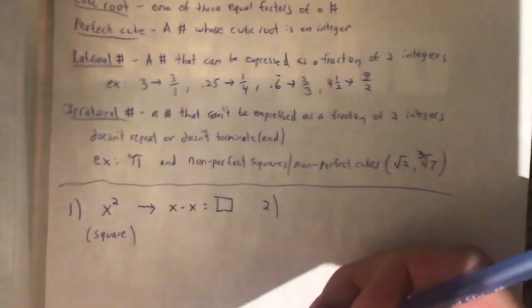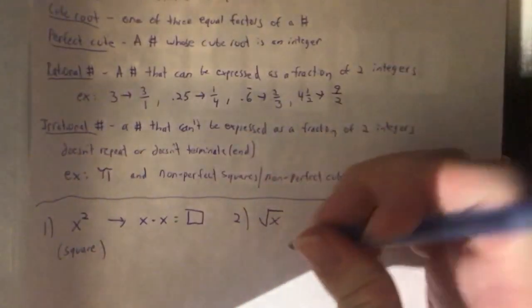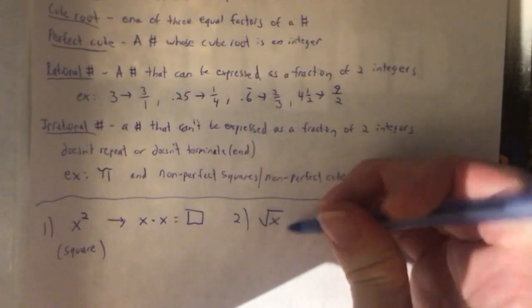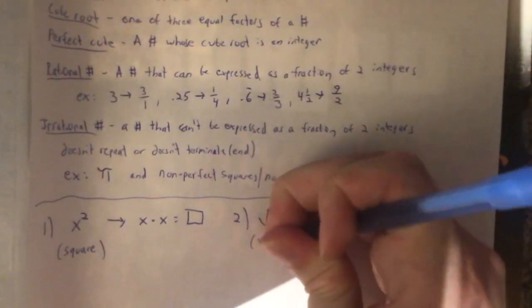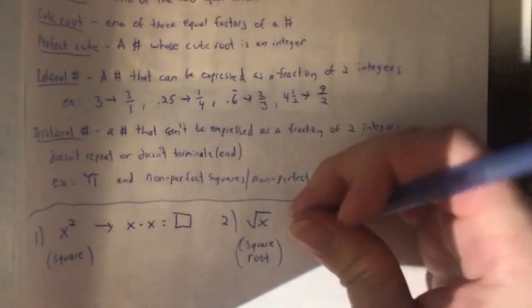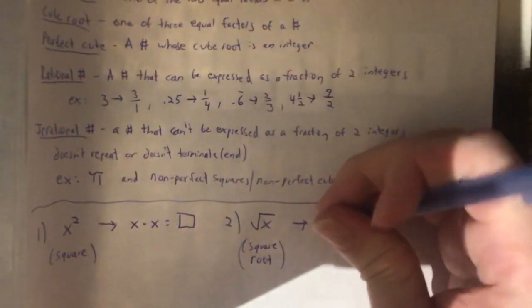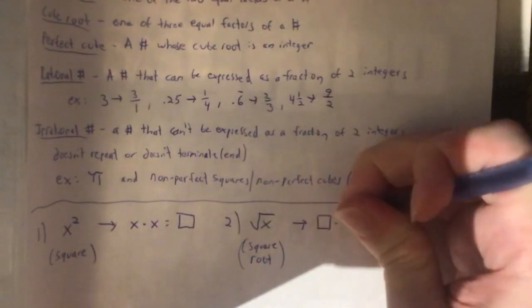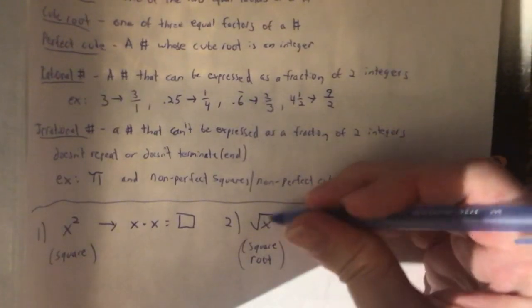The second way is you'll see something like this. The radical sign with the x underneath will be some number. This is called square root. This is the opposite of squaring a number. Basically, it's saying, what number can I multiply by itself that will equal the number underneath the radical sign?